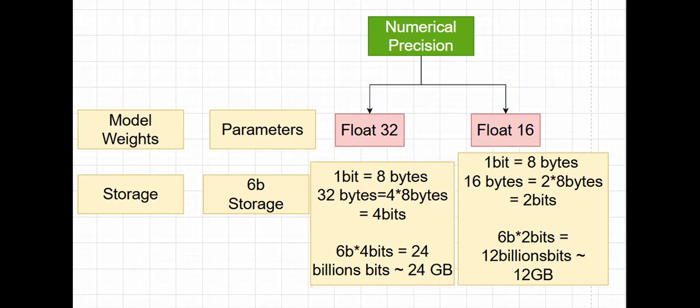Considering the storage, BF16 numerical precision is better compared to FP32.